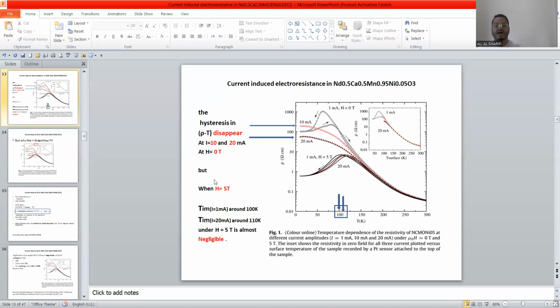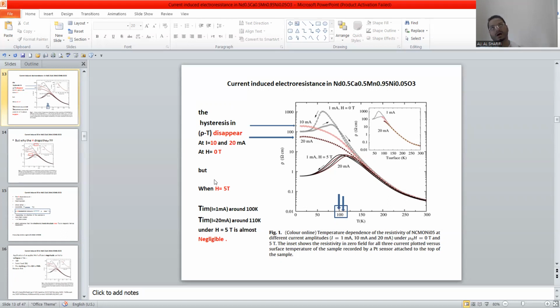But at the same time, that means when we don't have any magnetic field, we have hysteresis just at the least amount, the weaker amount of current. It was equal to 1 milliampere. But at the others, when current starts to grow, we don't have any hysteresis. Here, the situation is different when we have a magnetic field.